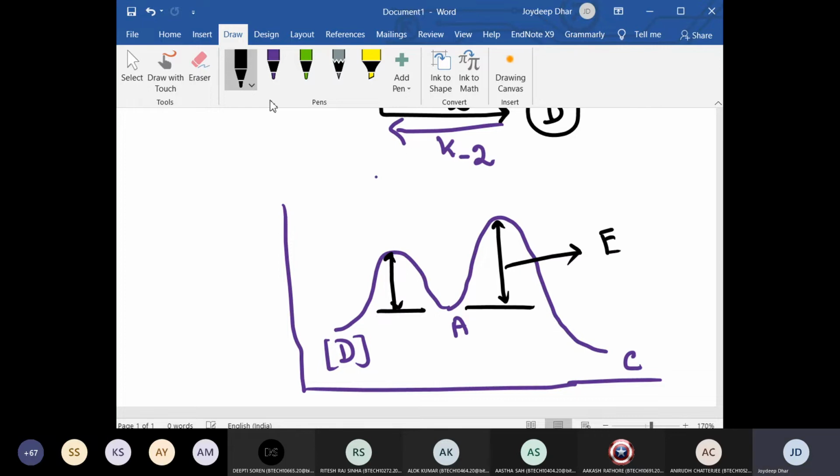One is activation energy. I can say this is the 1 product formation C, and this is the activation energy 2, that is the starting material A converted into product D. Now let me first you say which one is more suitable or rate will be higher, product formation C or product formation D.